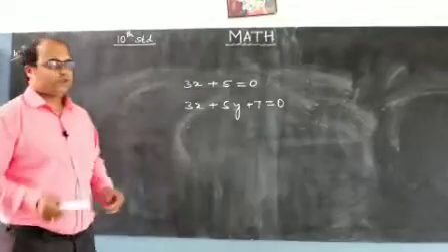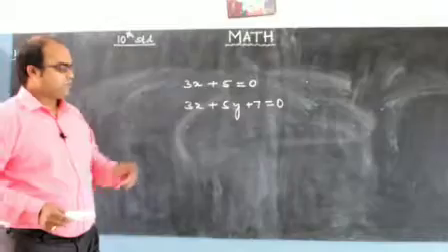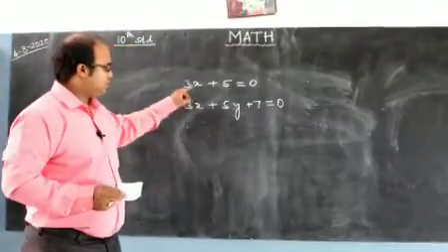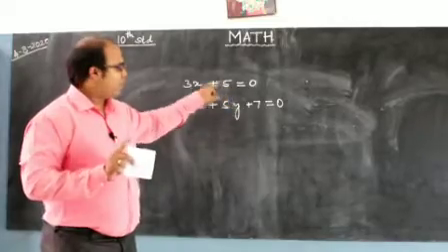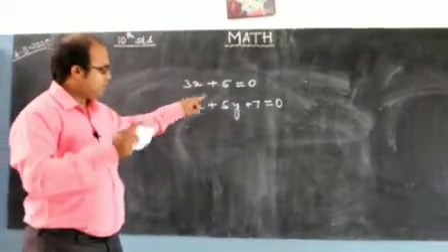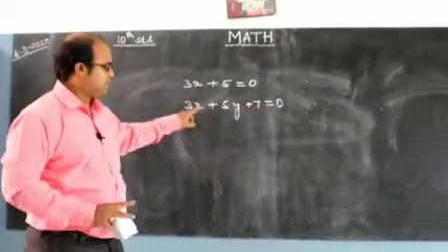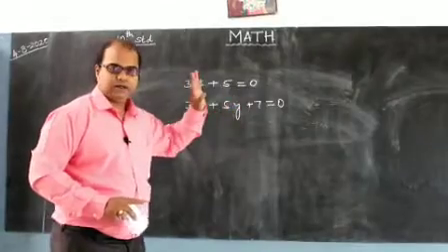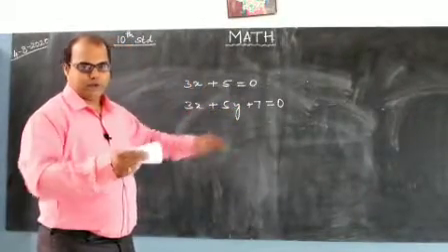What is the difference you are going to see in these two equations? If you observe carefully, you can see in this equation you have only one variable, that is x. If you see this equation, you have two variables, x and y. So these are the equations with two variables.